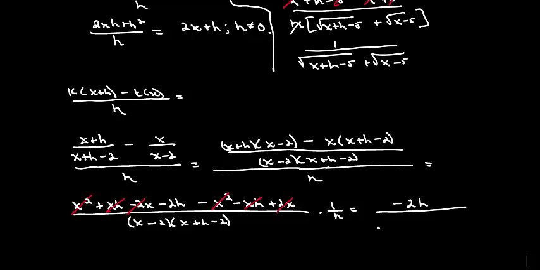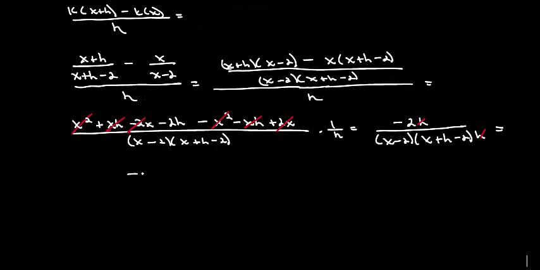And on the denominator, all I've got is x minus 2 times x plus h minus 2 times h. And the h's now can cancel out. And so I've got negative 2 over x minus 2 times x plus h minus 2. Okay, and we'll go ahead and leave it at that.